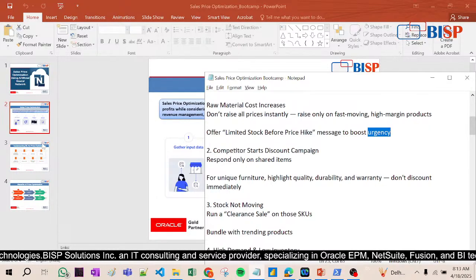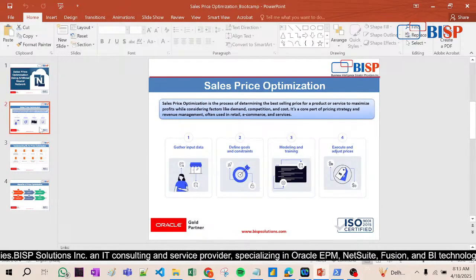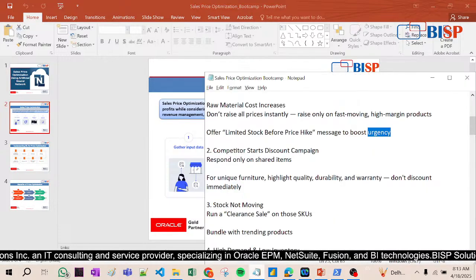Okay, so now let's again talk about this sales price optimization. So far I have explained exactly what sales price optimization is. Previously a person had to be very experienced to set the price, but now this can be done with an artificial neural network also.